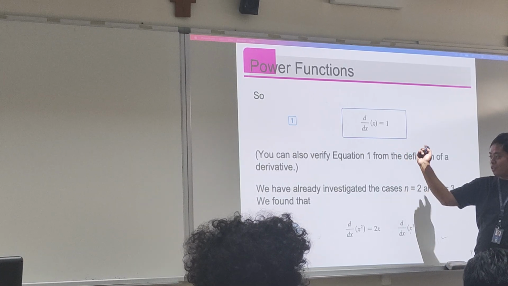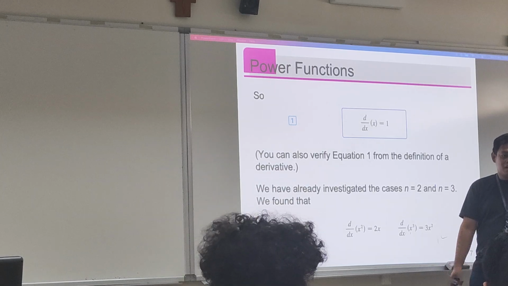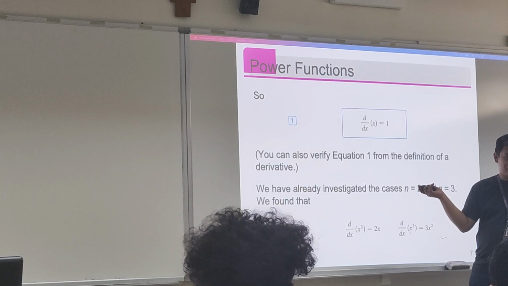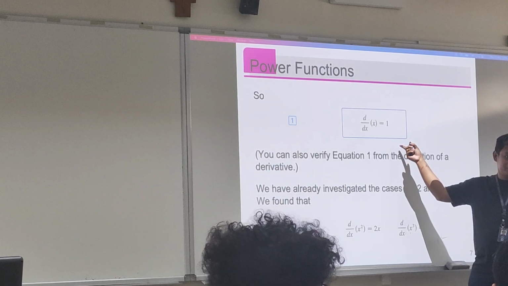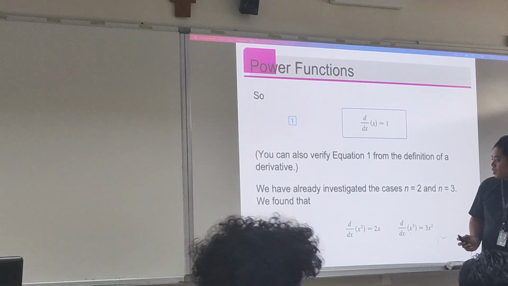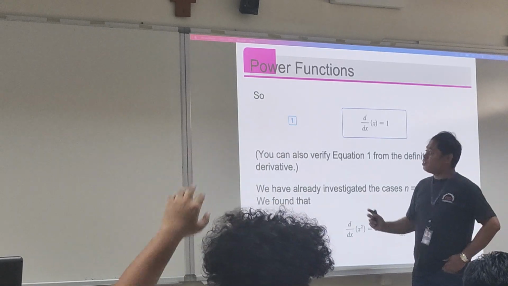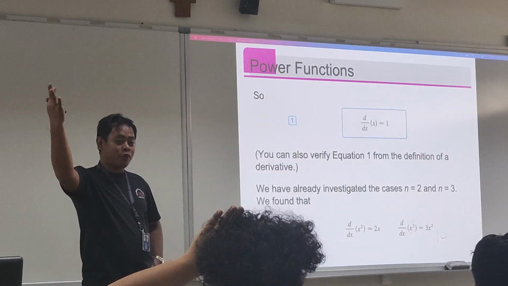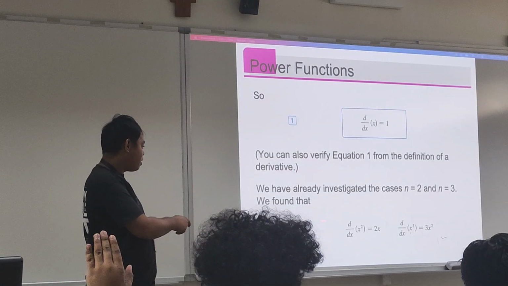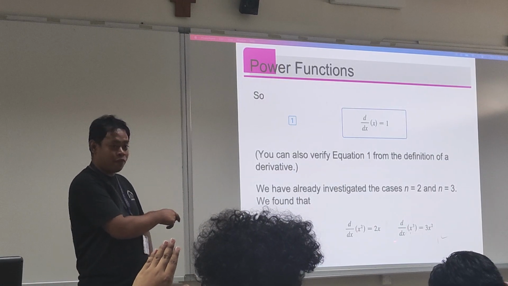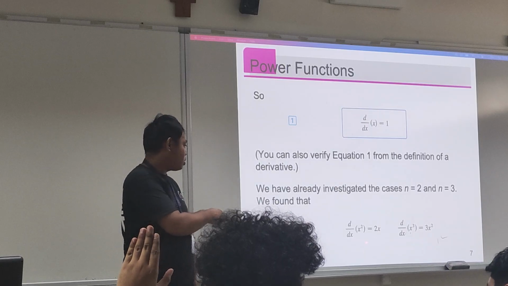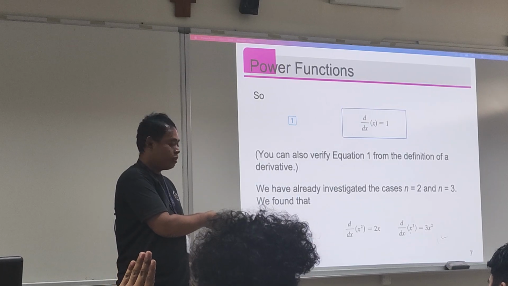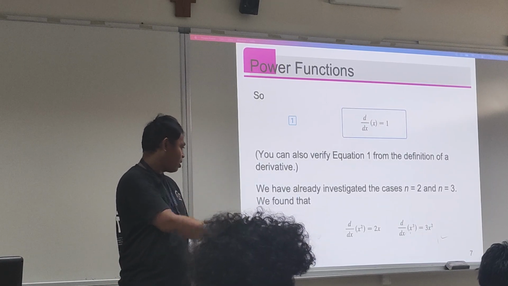You can also verify that by using the definition of derivative. That is just for an exponent of 1. But for 2, 3, 4, and so on, for x squared the derivative is 2x, and for x cubed it is 3x squared.